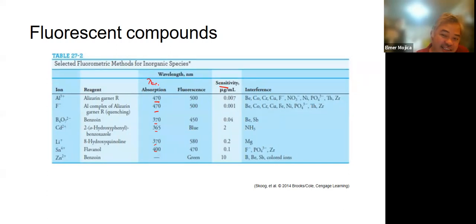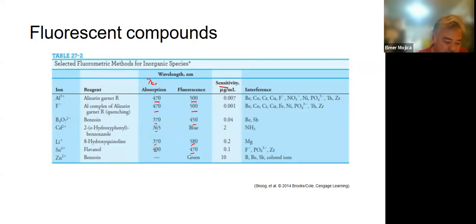So you excite them at that wavelength, and you can see them emitting at this wavelength. So you monitor them, okay? You monitor their signal at this wavelength. And it is a much, we could say, more sensitive method compared to absorbance. Okay? So that's, we could say, the advantage of fluorescence.